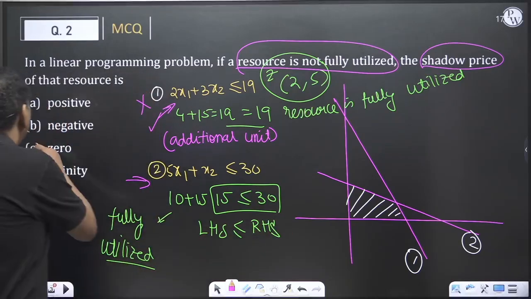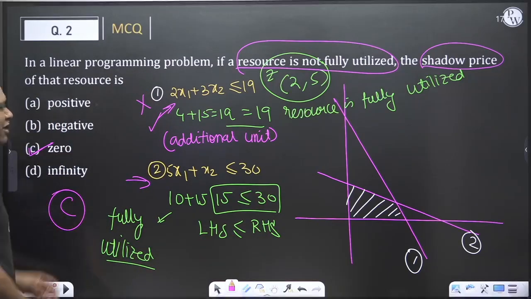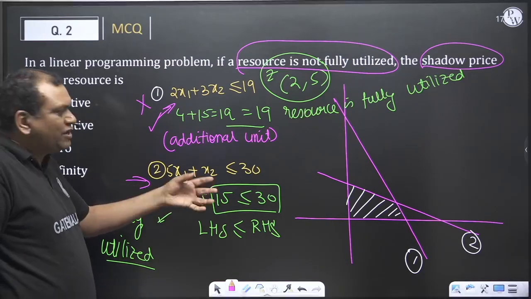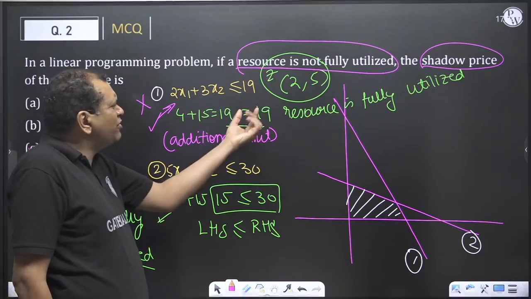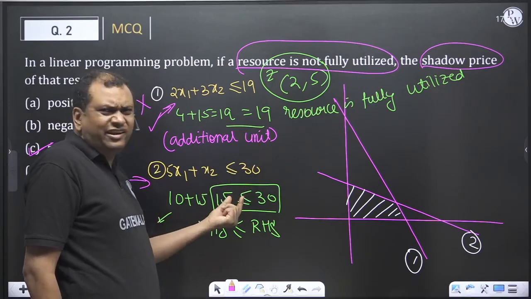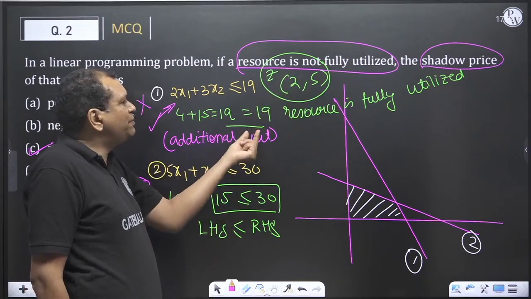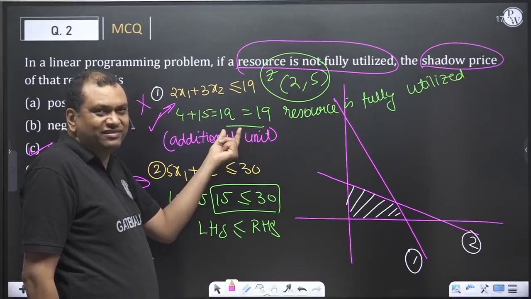So shadow price for this resource will be 0, because nothing needs to be spent on this resource. But to increase the output, something we have to spend on the resource that is fully utilized.